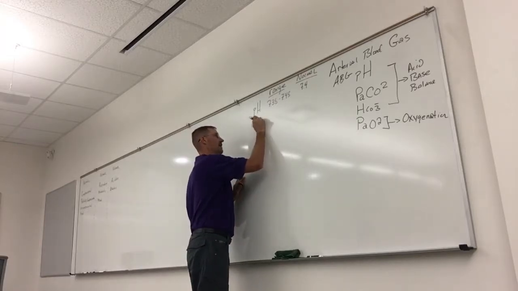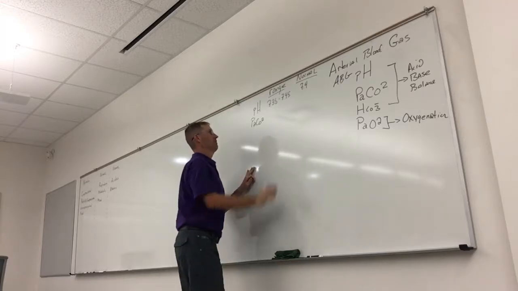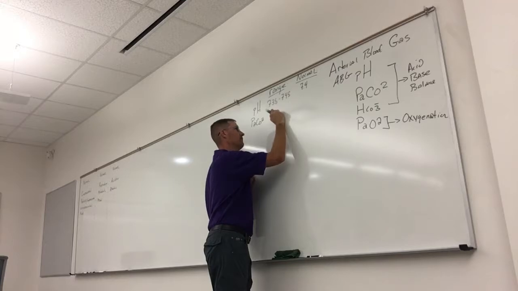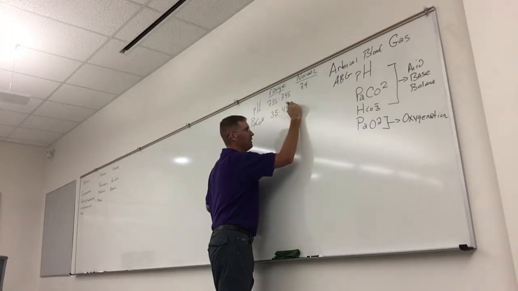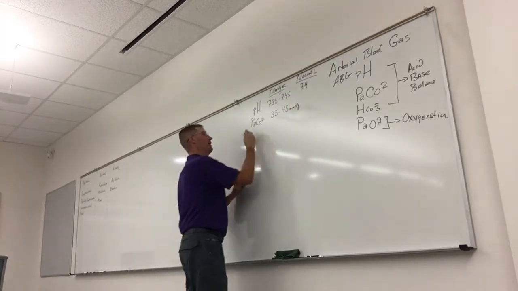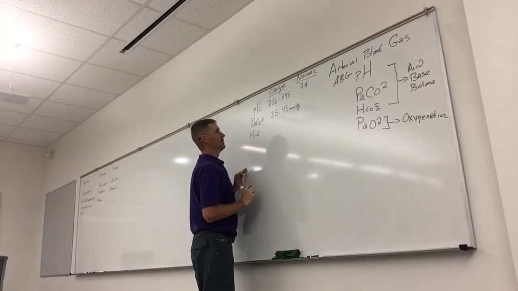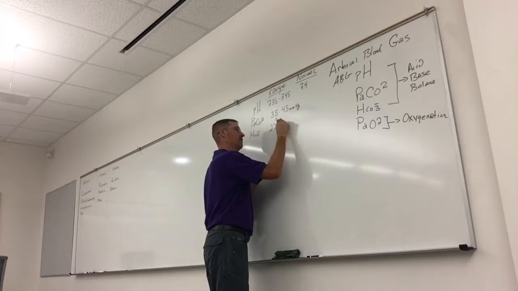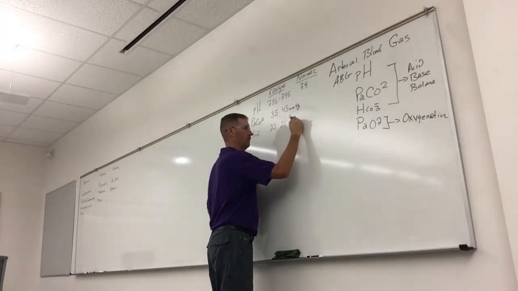All right, let's talk about the next one, PaCO2. The normal for PaCO2 is 35 to 45 millimeters of mercury. You guys okay there? And then the normal bicarbonate, HCO3 minus. Just think of the best years of your life: 22 to 26 milliequivalents per liter.